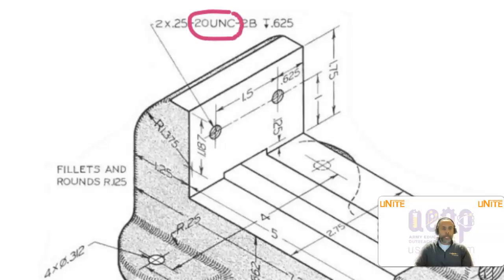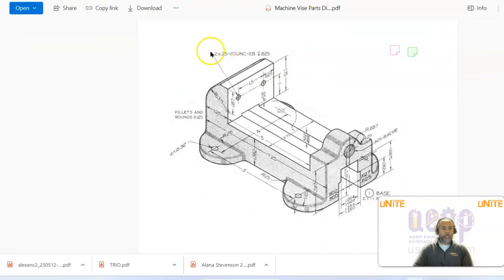So there are 20 threads per inch, and this type of thread is a UNC thread. The diameter of the hole is 0.25.